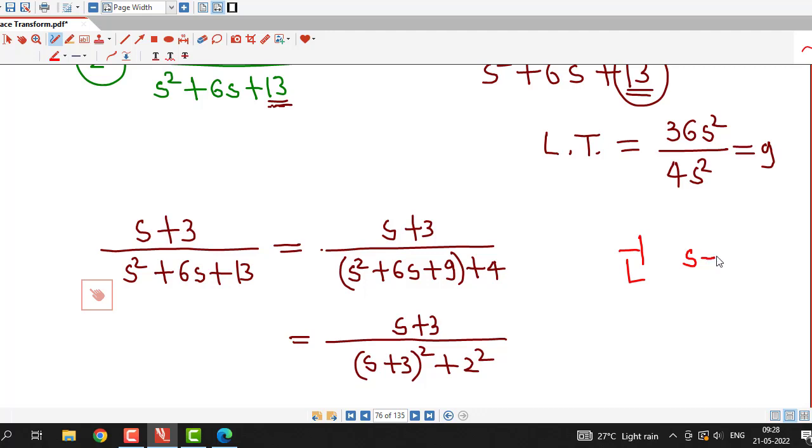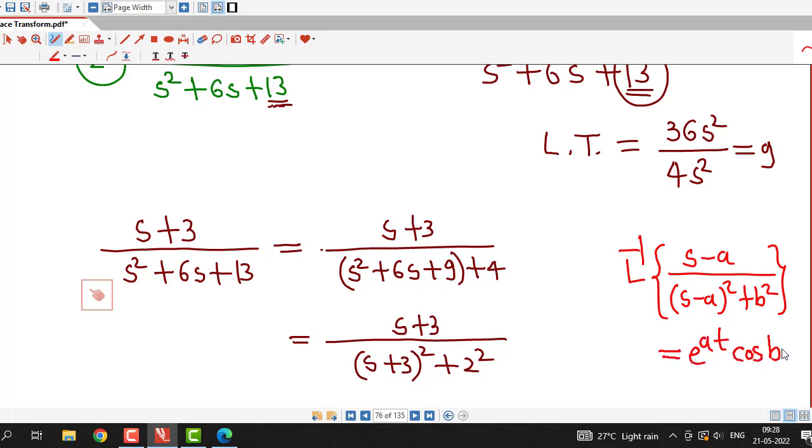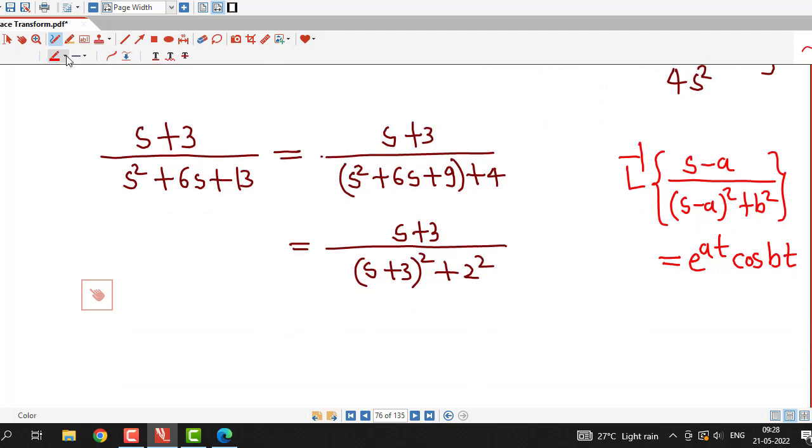corresponding to the cosine function. L inverse of s minus a divided by s minus a square plus b square is equal to e raised to at cosine bt, and we can compare. The value of a is minus 3 and b is 2, so this is e raised to minus 3t cosine of 2t.